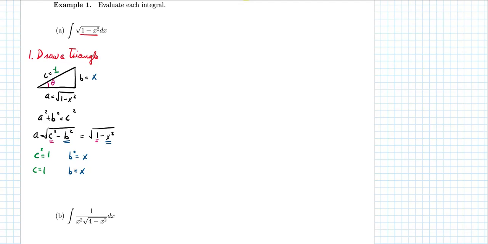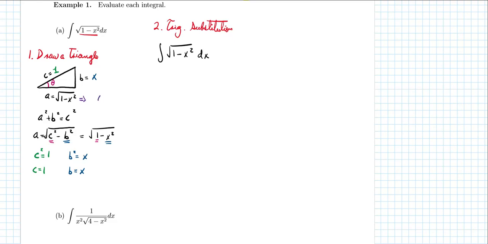And here's how it goes. Originally we had the integral of the square root of 1 minus x squared dx, but we want to write all of this in terms of trigonometric functions. So how can we do that? Well, the square root of 1 minus x squared corresponds to the adjacent side of this right triangle, and the adjacent side is associated with the cosine of the angle.